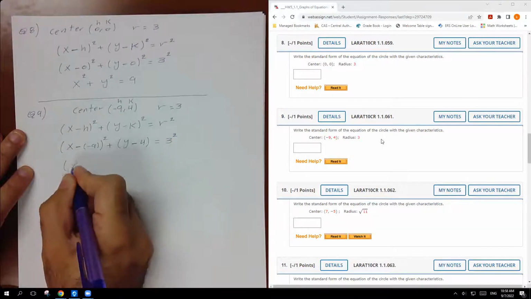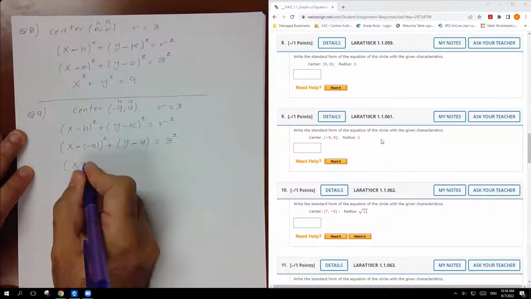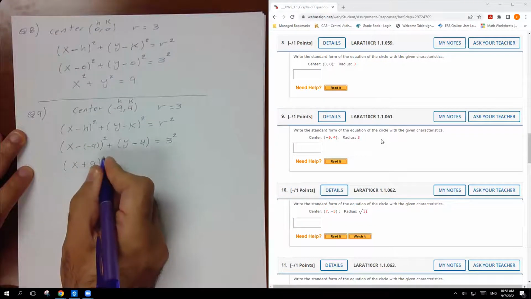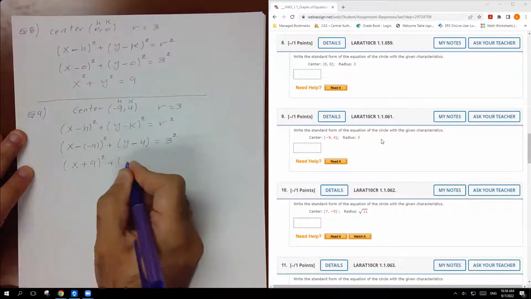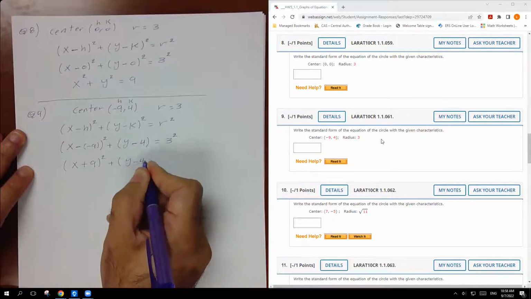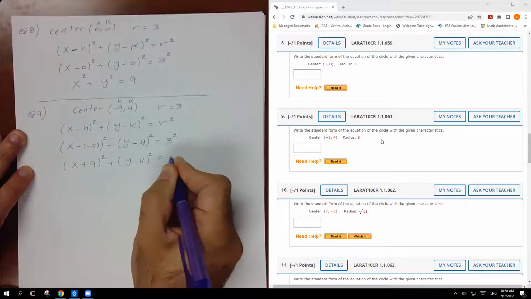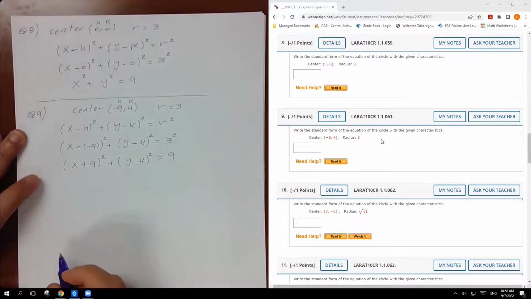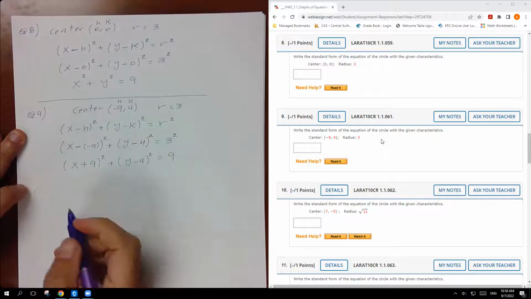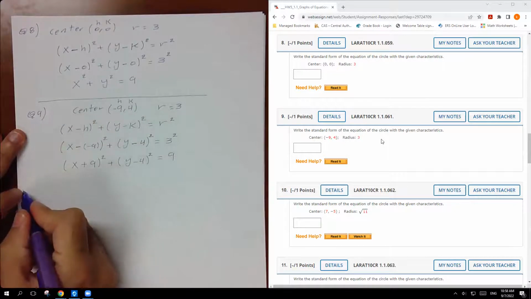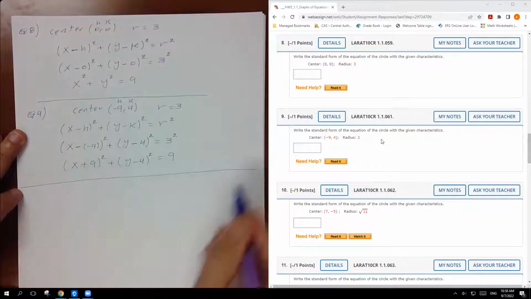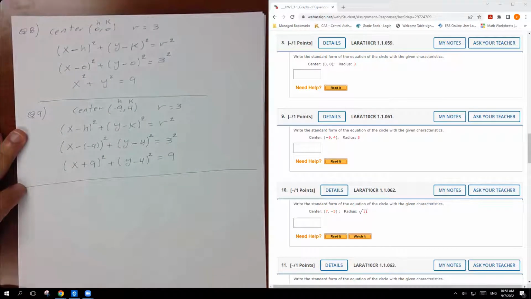That means here it's going to be x, negative times negative is positive, so (x plus 9) squared plus (y minus 4) squared equals 9. This is the standard form of the equation for the circle.